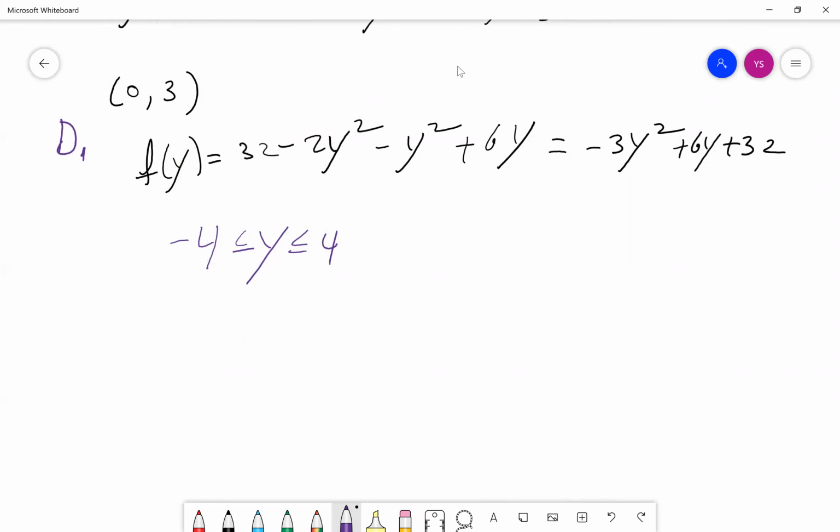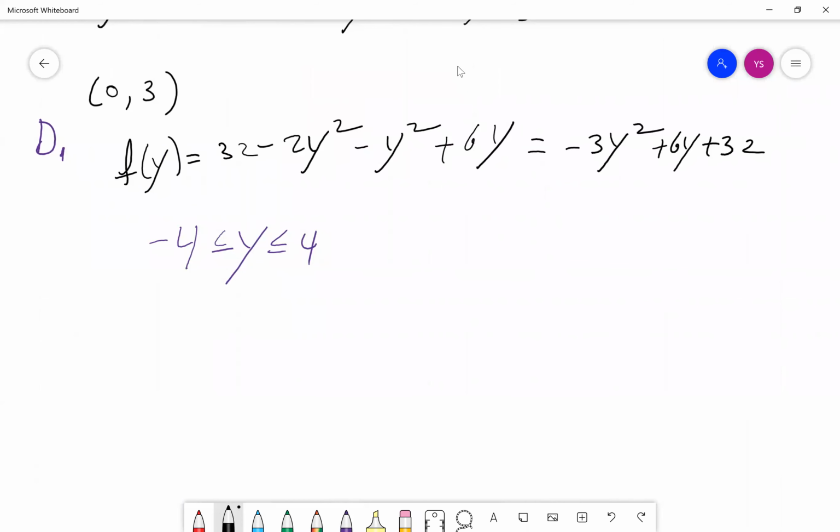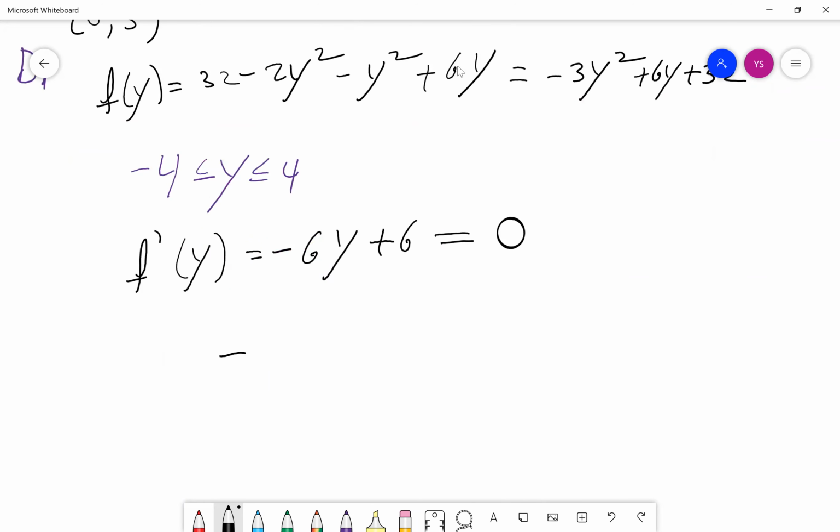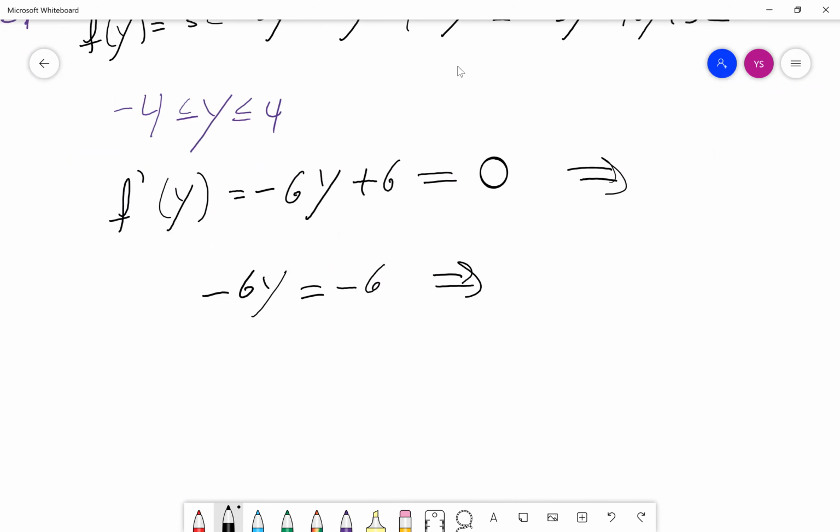Now that we have this, we can solve the last part of the problem, which is find the critical points on this boundary. So we take f prime of y, which is equal to -6y plus 6, and we set this equal to 0. So that tells us that -6y is equal to -6, which tells us that y is equal to 1. Now, when y is equal to 1, how can we figure out what x is?